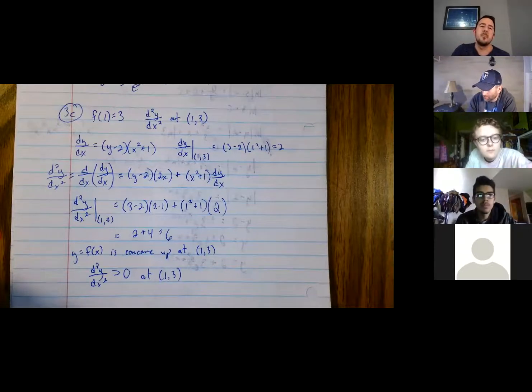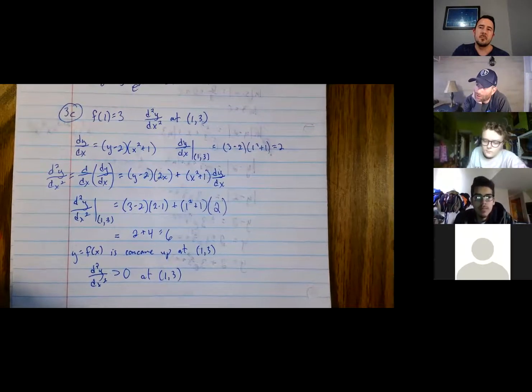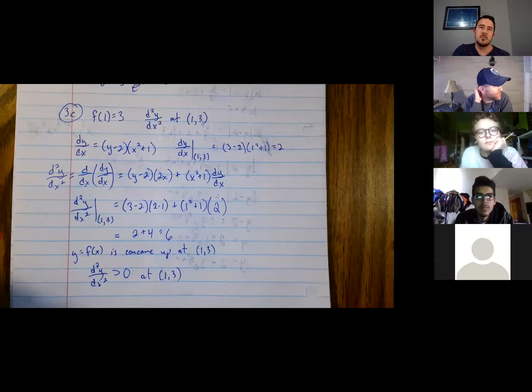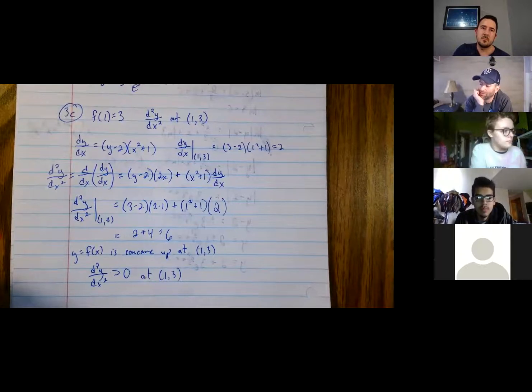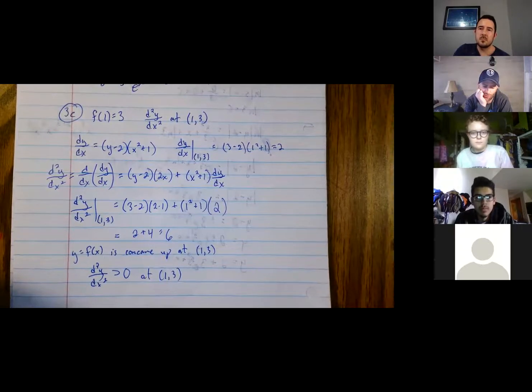Well, I guess that would be a point of inflection that I was thinking of. The fact that that function is defined there, I think is enough. I don't think they're going to take off if you don't state that it's continuous.